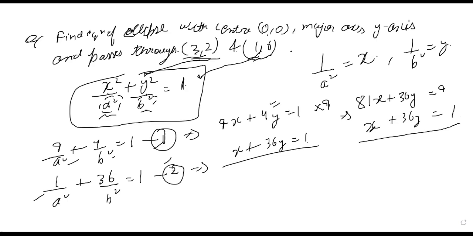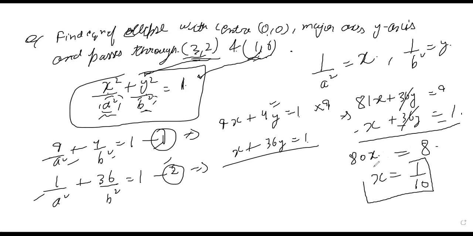Now we will subtract both of these equations. So 81x minus x will be what? 80x, and 36y will cancel each other, equals 9 minus 1, which is 8. So x will be what? 1 upon 10.